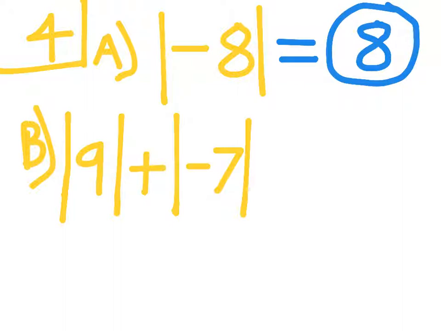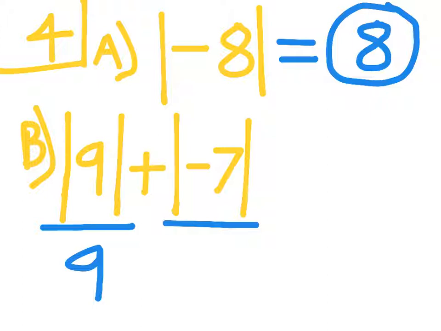Now down here, this is a little bit different. So this one has two absolute value brackets. These are kind of like parentheses. If we were doing PEMDAS, you still follow PEMDAS. So we would do parentheses first. Well, 9 is in absolute value, so I'm going to underline it, drop that down. What is the absolute value of 9? 9. And then we also have the absolute value of negative 7.